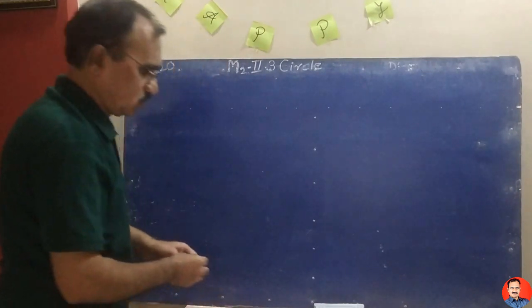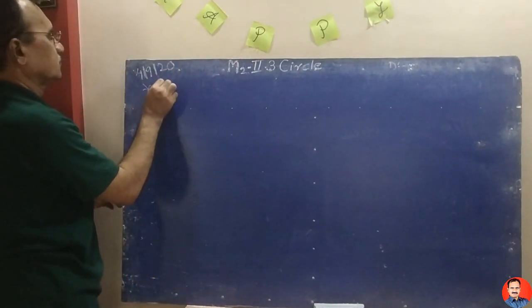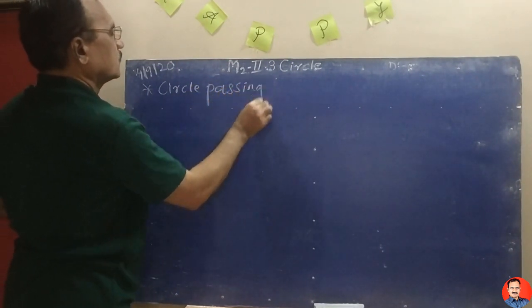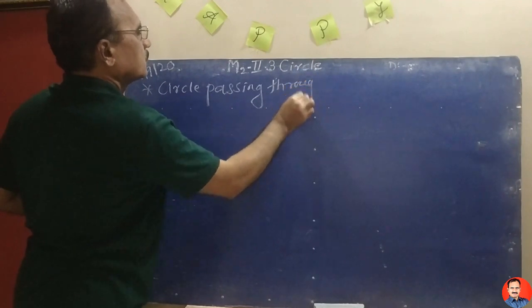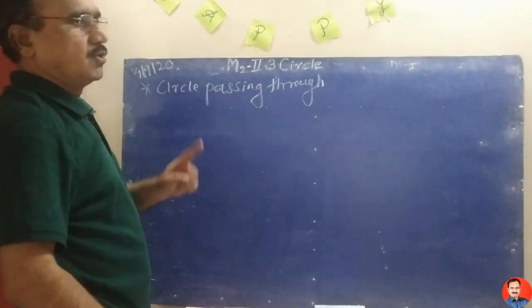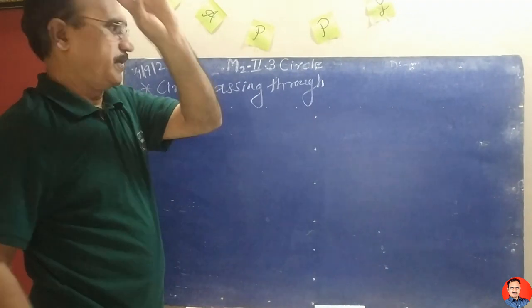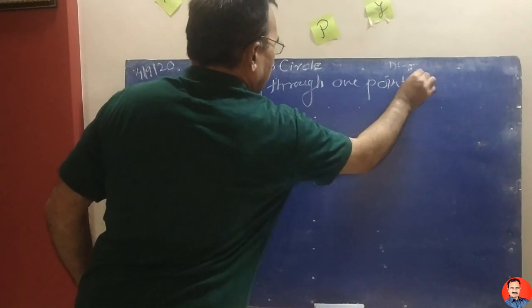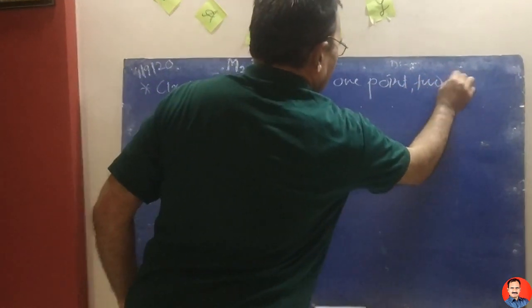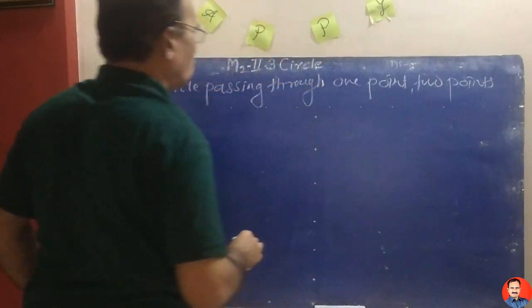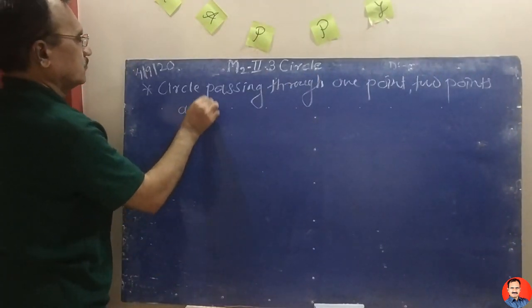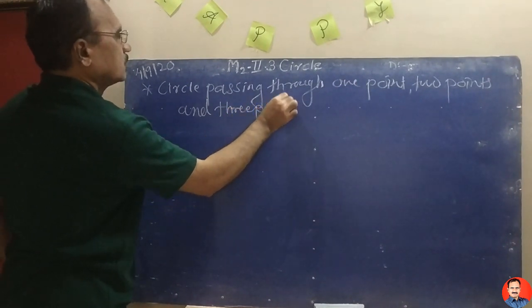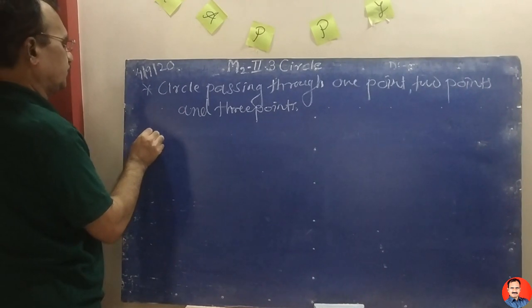Circle passing through 1 point, 2 points and 3 points.